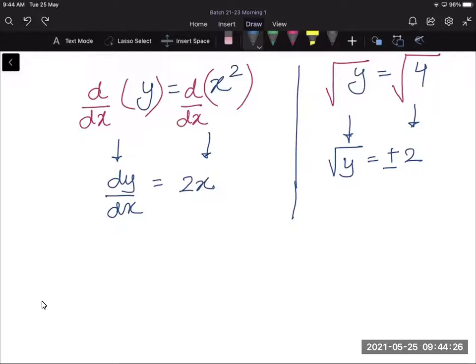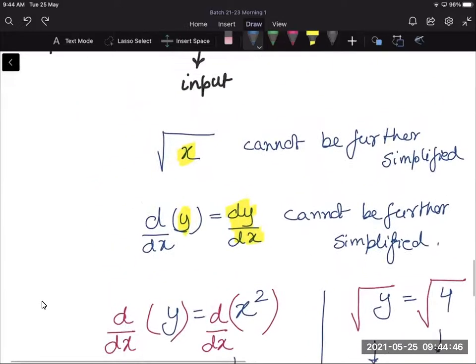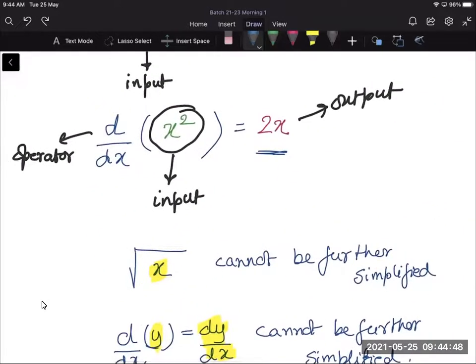बेस्ट वे आई लाइक टू थिंक अबाउट इट इज जैसा मैंने बनाया है इन डिफरेंट कलर्स. सो d by dx of something in brackets is one object. Okay, and within the brackets I have put something else in a different color, that is some other object, right? So like I have showed here, the quantity inside the brackets is the input, and the operator itself is more complicated than the root wala operator.